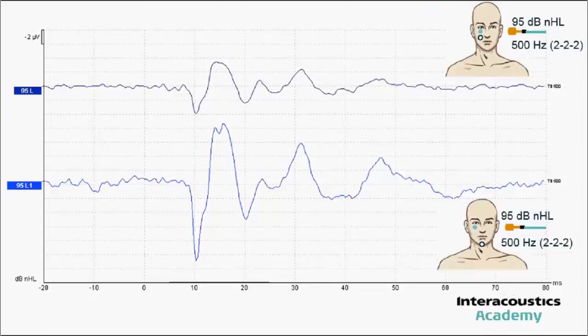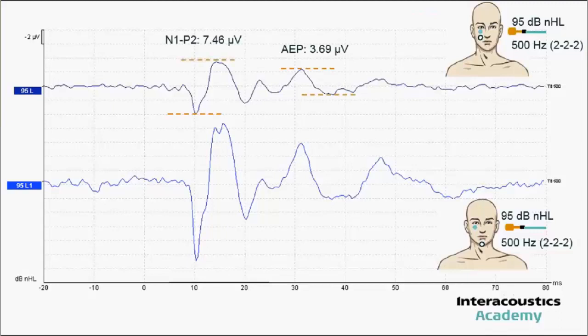So in the upper trace we have the conventional sort of cheek reference position, very close to the inferior orbit of the eye, and we have a small VEMP, but we also have a small auditory evoked potential. In the lower trace we have the chin reference, and we have a correspondingly larger VEMP, but also we have larger auditory evoked potentials too.